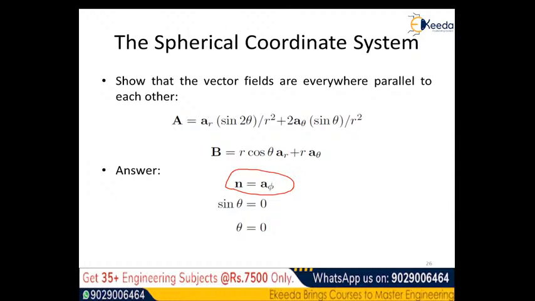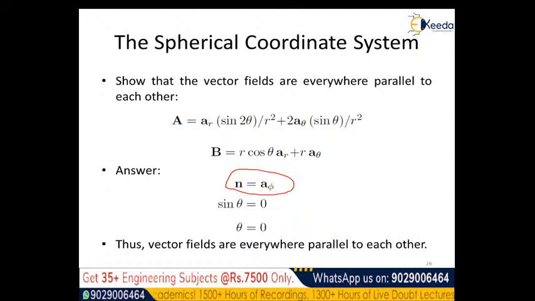So if we consider theta equal to any of these three values, 0, 180 or 360, which is nothing but 0 degrees, we can conclude that the given vector fields A and B are everywhere parallel to each other. So this way we have solved this first problem.